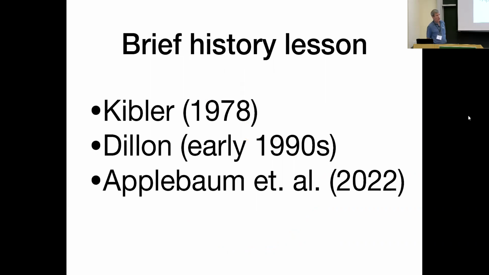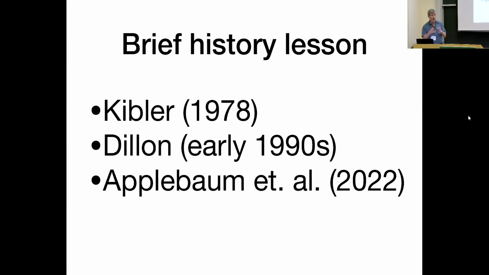Okay, and just to sort of summarize this part of it, the history lesson, Kibler in '78 wrote a paper that a lot of us older folks worked with because he wrote out explicit difference sets in all of the small groups up to, I forget what the size was, but in particular, there were all the groups of order 16, and of the 14 non-isomorphic groups, excluding cyclic and dihedral, all the others have a difference set, and he wrote them out.